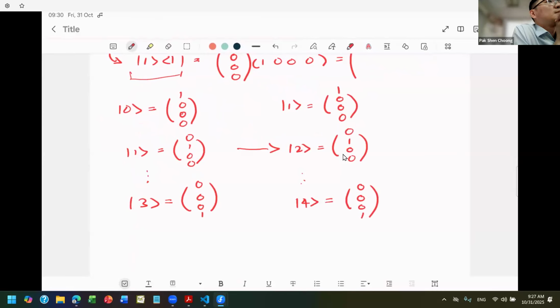And then 1, this one, then omega cubed. Yeah, omega squared. Is that okay?